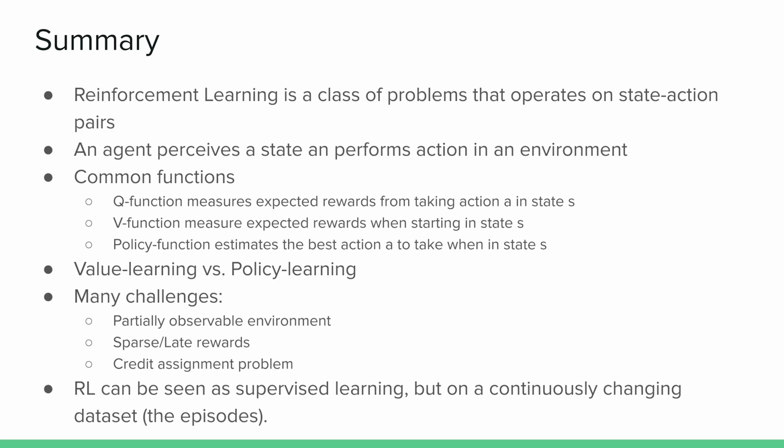The common functions that we're talking about and that we want to learn is either the Q function, which measures the expected rewards from taking an action A in state S, the value function V, which measures the expected rewards from that state S, which evaluates how good the certain state S is, or the policy function, which directly says what is the best action that you should take if you are in state S.